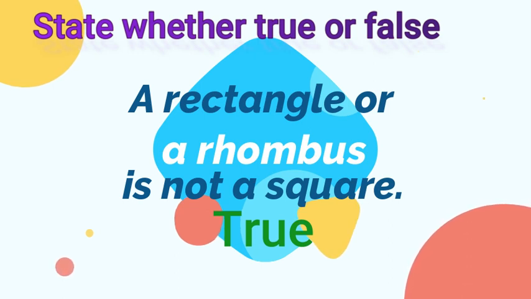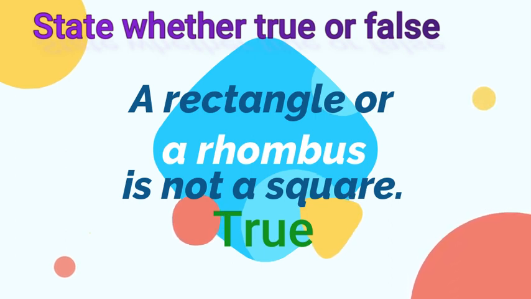A rectangle is a parallelogram, and parallelogram means opposite sides are parallel. So we can tell it is true but not always true. In our condition we can tell a rectangle or a rhombus is not a square. It is true but it is not always true.